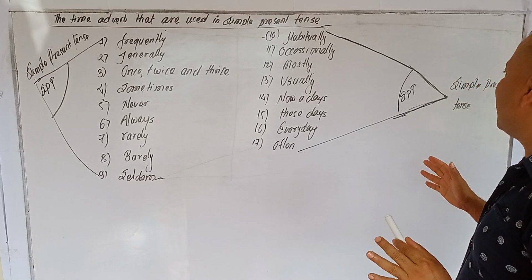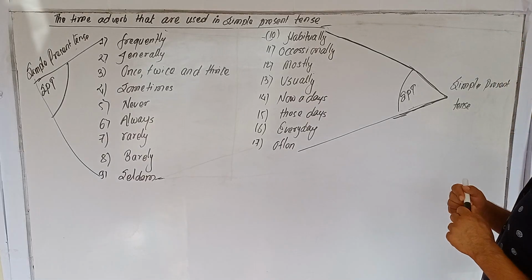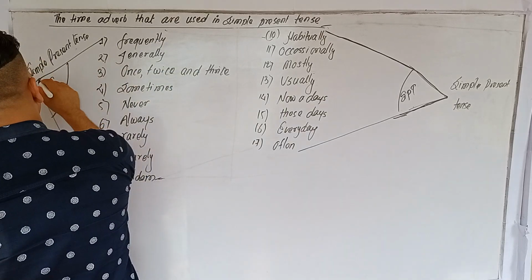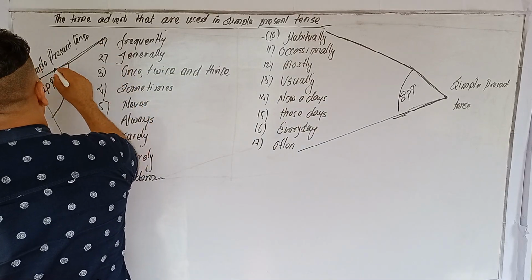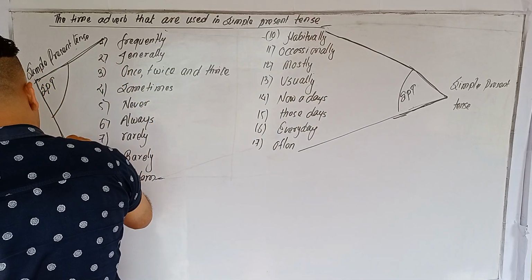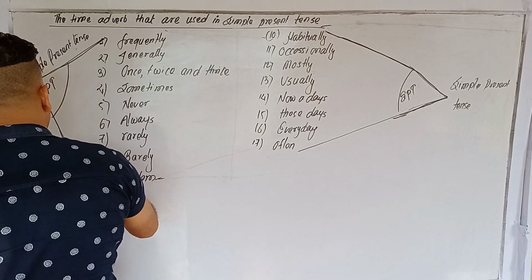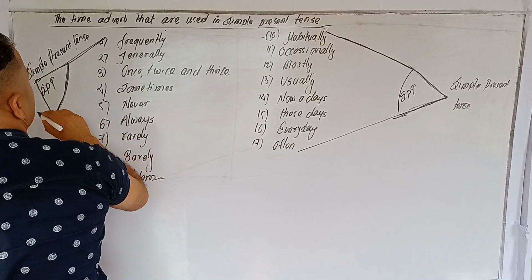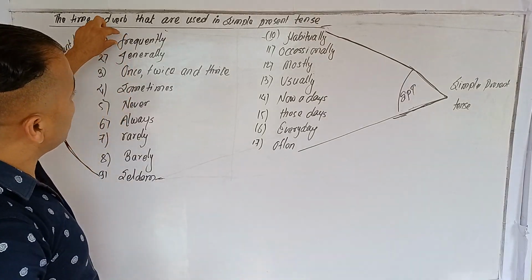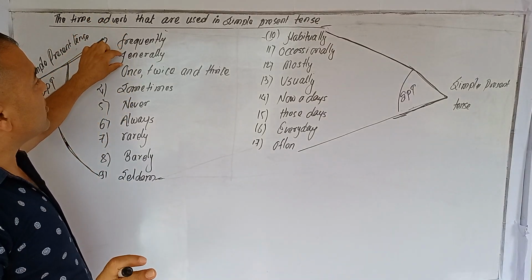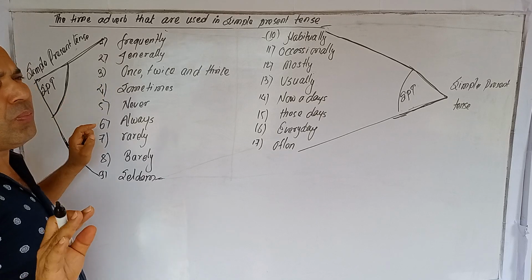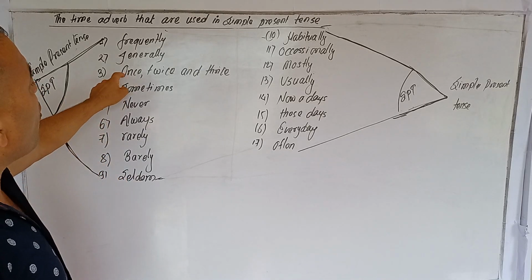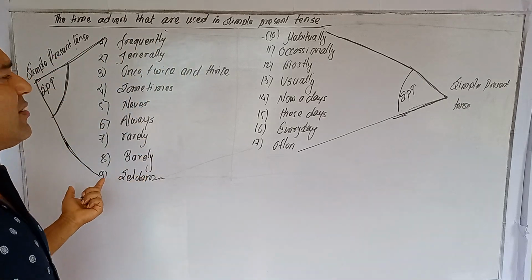I indicate it like this. This is the indicator of these time adverbs. I put it here. This is SPT. Understand? Frequently, mostly, generally, sometime, once, twice, or thrice, indicate the time.